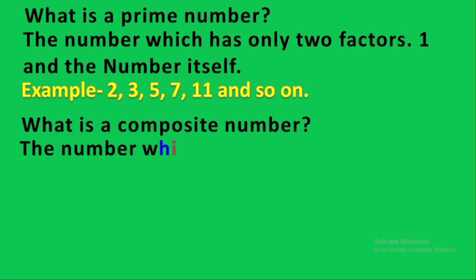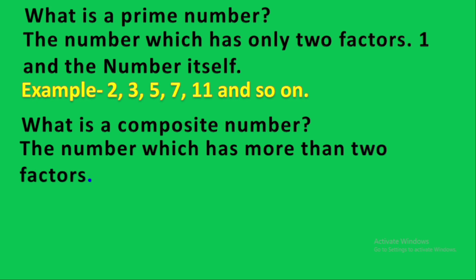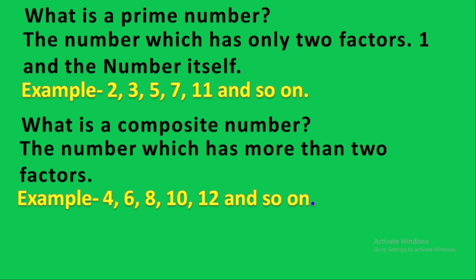Now what is a composite number? The number which has more than two factors is called a composite number. Let's take an example: 4, 6, 8, 10, 12 and so on.